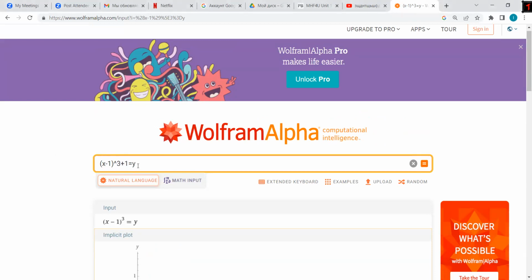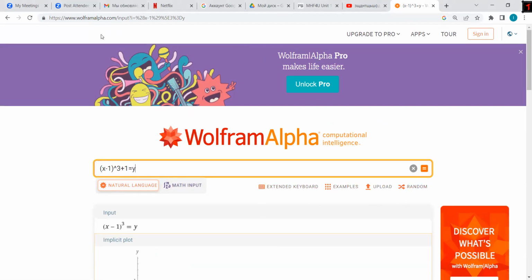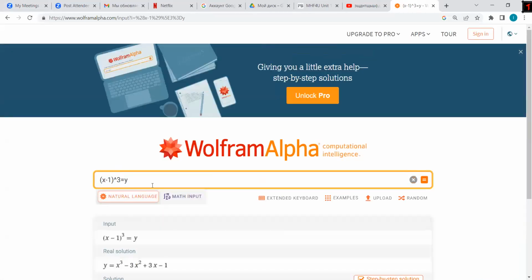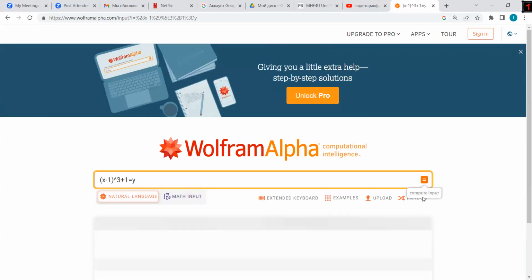Now my function has coefficient c equals 1. And let's see what function we will get.